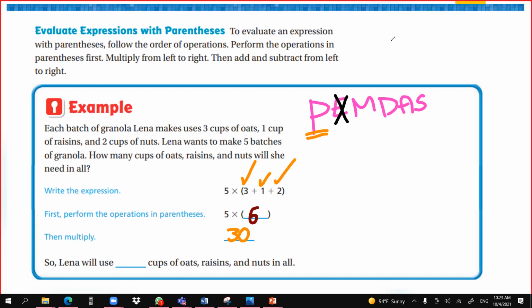So what I have to do is gather them together, page 68. After you add them together, multiply them by 5. So Lina will use 30 cups of oats, raisins, and nuts in all.